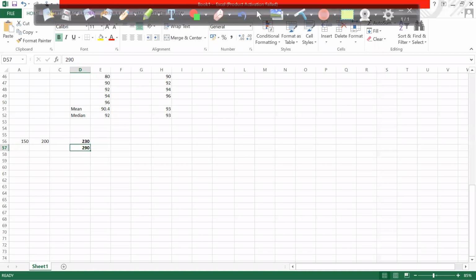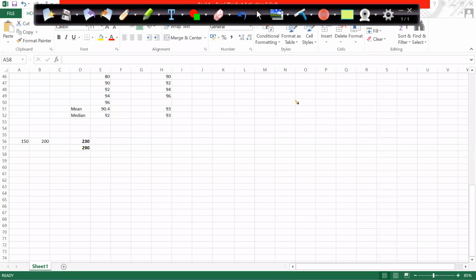How will this score, which is increasing from 230 to 290, affect the mean and median? So the options I will give you guys are: the first option is both mean and median will increase.